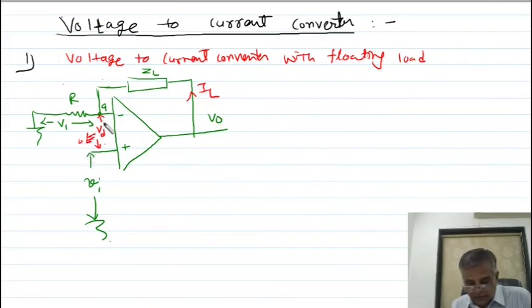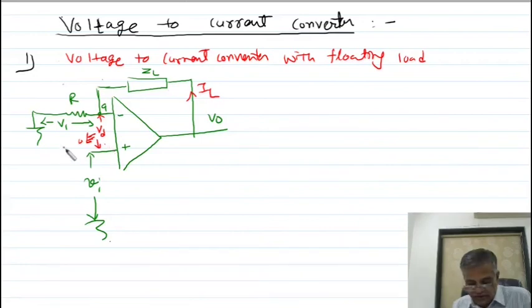Due to the infinite resistance, this potential and this potential are the same. Both potentials are the same, and this potential is the same as VI. So the differential input voltage between the two terminals of the op-amp tends to 0.